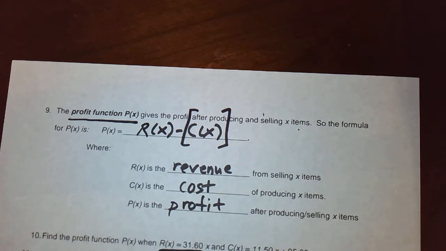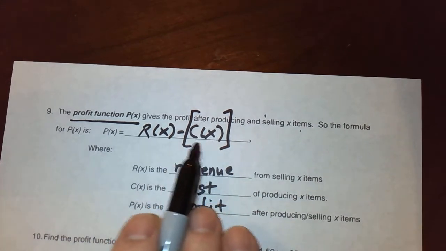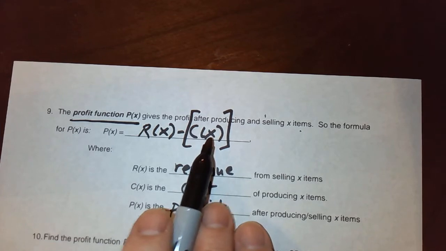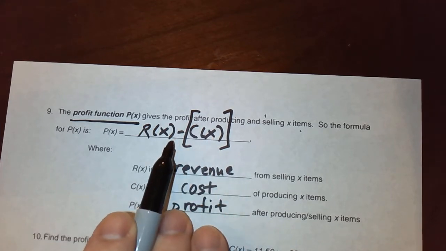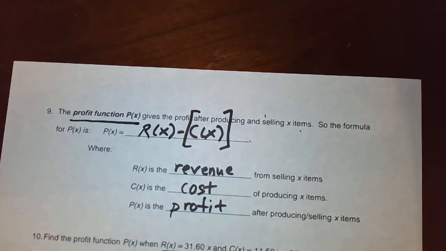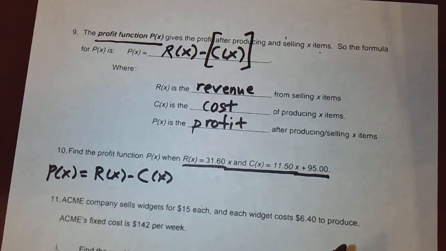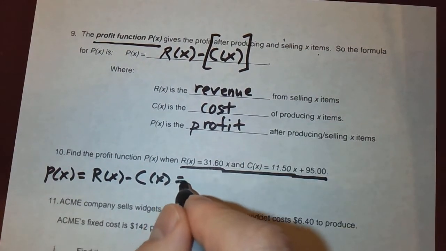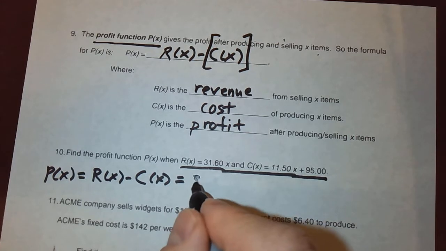Just as a reminder, this cost function is a little bit complex. It's got a couple of terms in it. And there's a minus sign in front of it, so you need to distribute that minus sign all the way through the cost function.